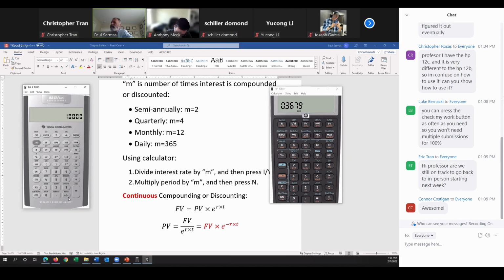So I do the change of sign, plus-minus key, put a minus here, and do second function ln. Check this out. 0.3679. The exact same answer, 0.3679.